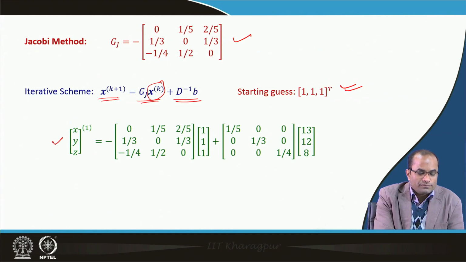Here, for example, we have x, y, z, the 3 components after this first iteration.